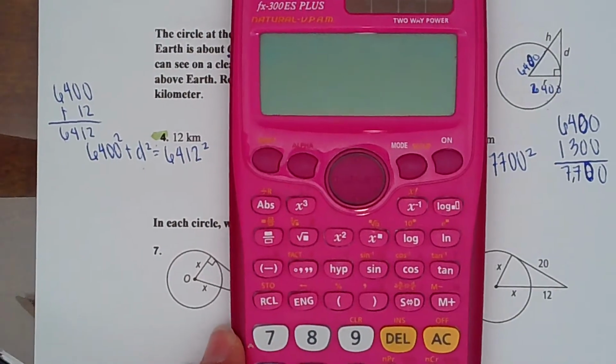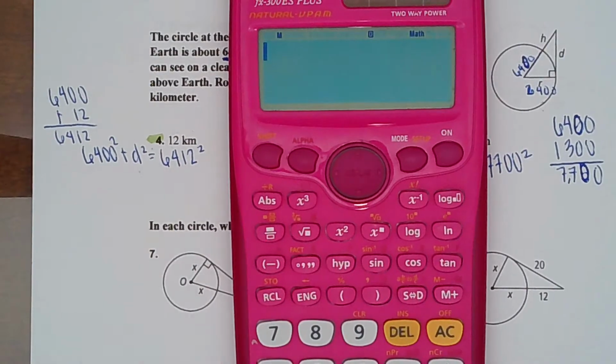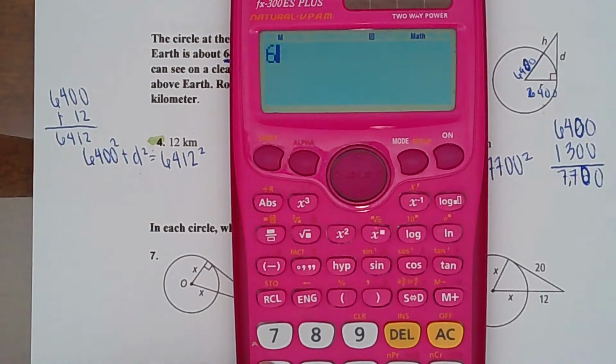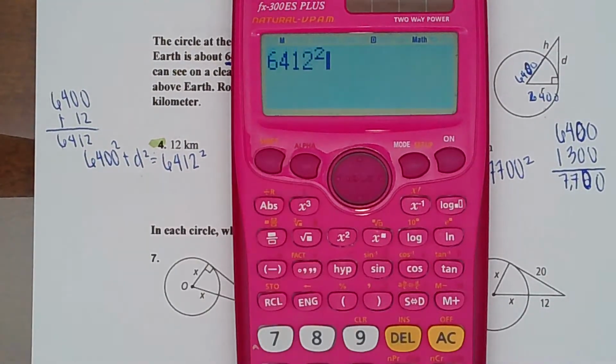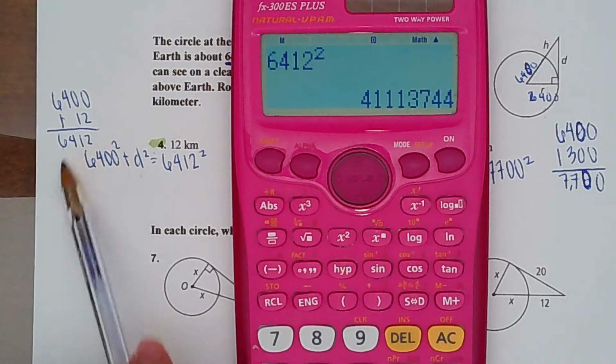I'm going to do this pretty much all on my calculator. I'm going to square my hypotenuse first. So I'm going to do 6,412 and square it. Hit enter, and then I'm going to subtract, because remember, I square both of these, but then I subtract this.